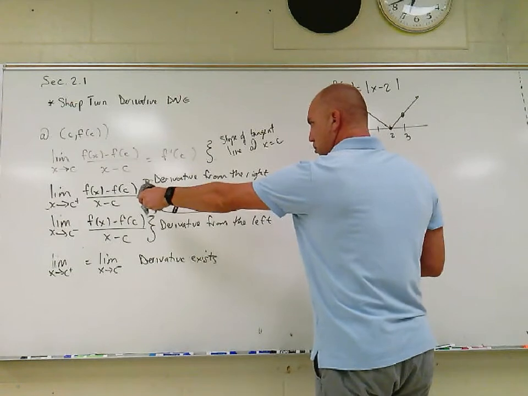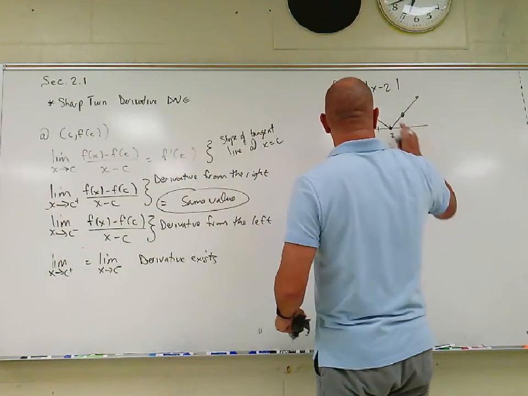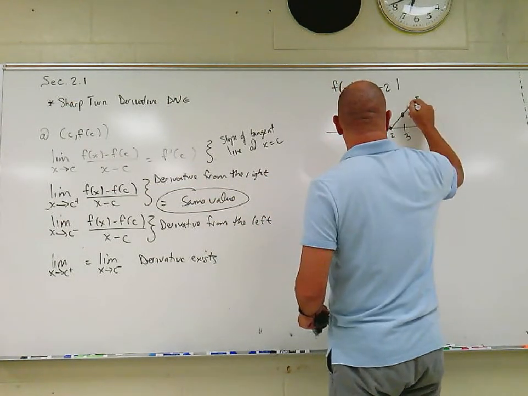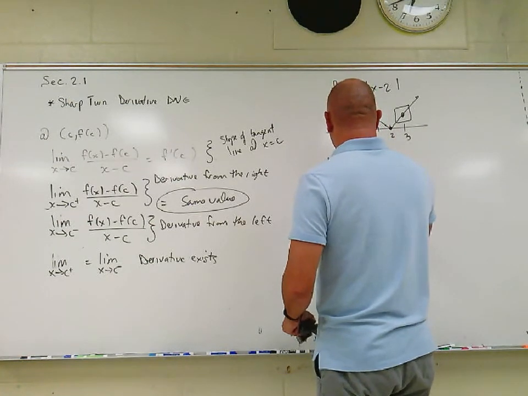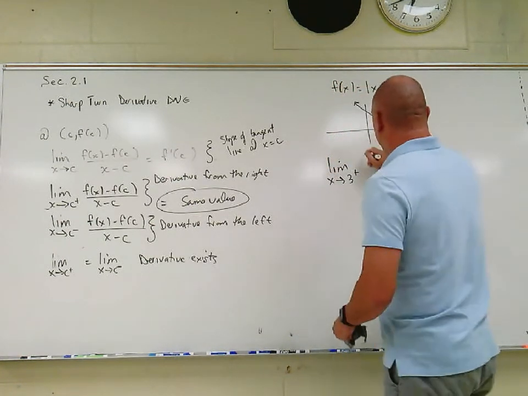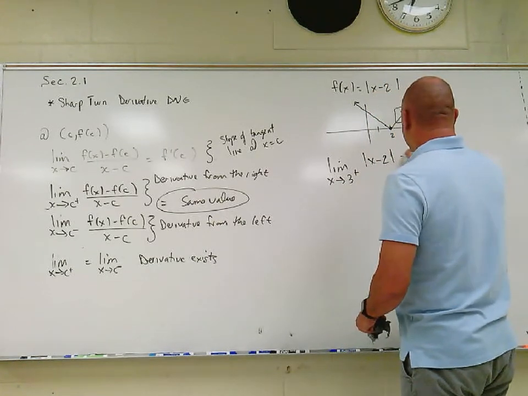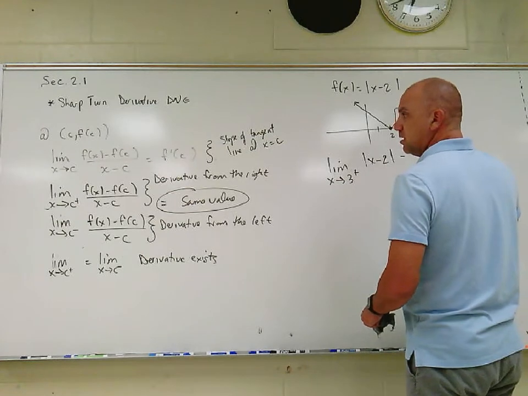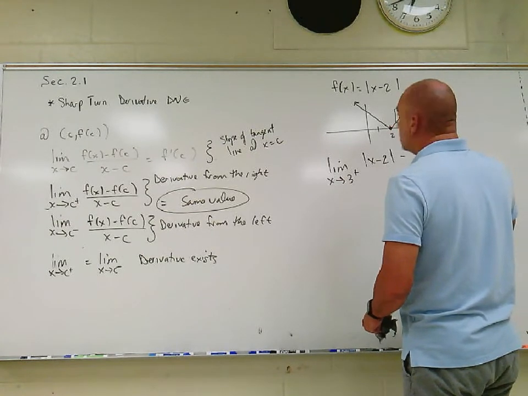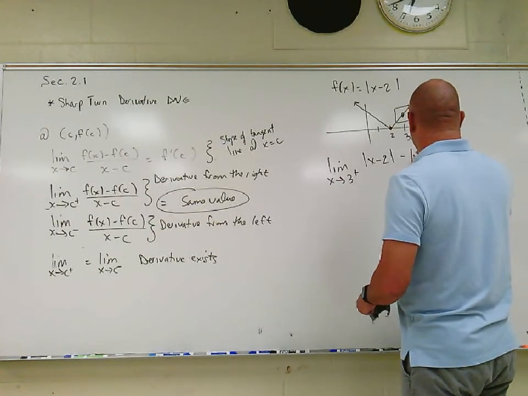So here's what we're going to do. We're going to approach 3 first. We're going to do this one. We take the limit as x approaches 3 from the right of f of x minus f of c over x minus 3, where f of c is the absolute value of 3 minus 2.